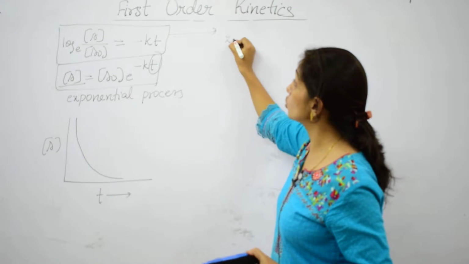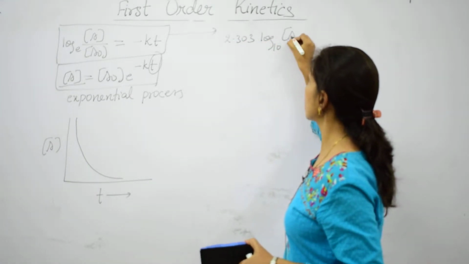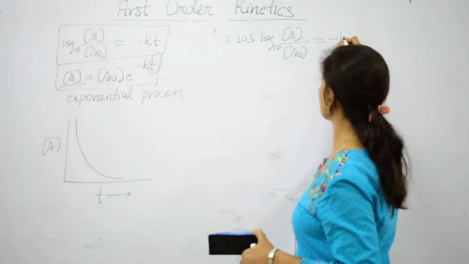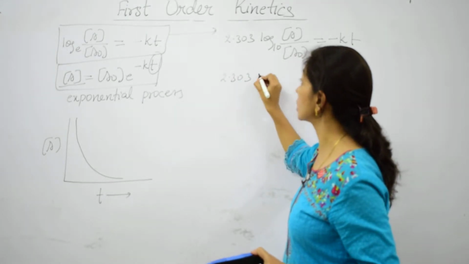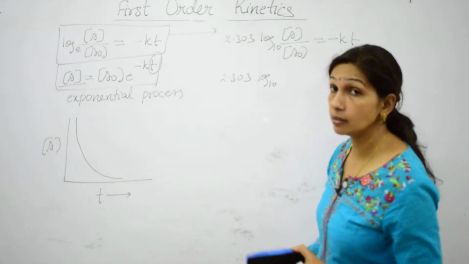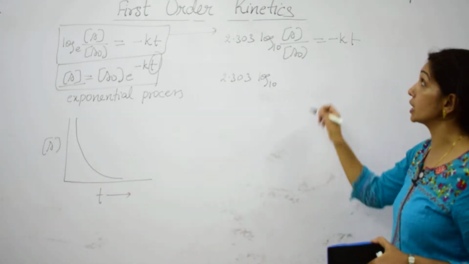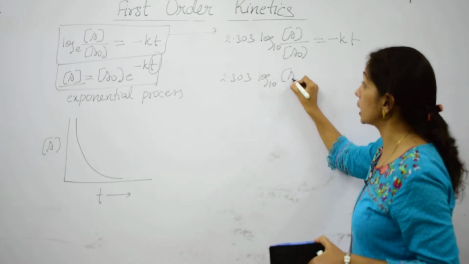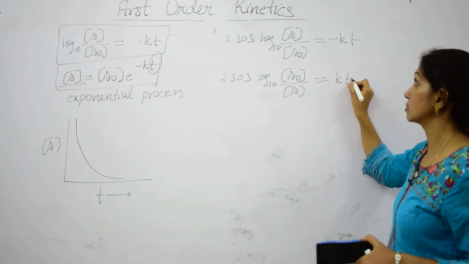So, it will become 2.303 log base 10 A upon A naught is equal to minus kt, or we can say 2.303 log base 10 A naught by A, that will be equal to kt.